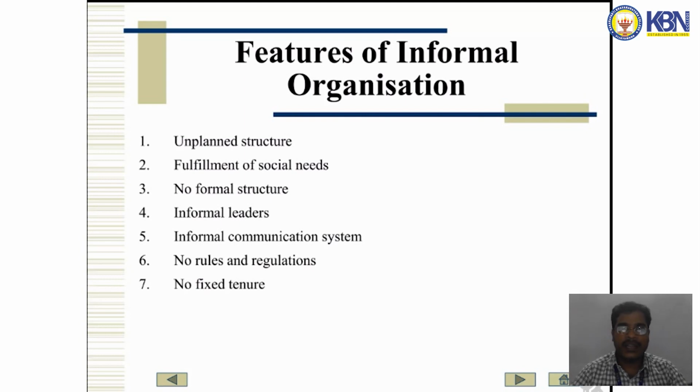So completely informal leaders will be there in this informal organization, and we cannot observe a proper communication system here. But in formal organization we will have a proper communication system, which would be very good from a formal point of view. But in informal organization there is no planned, systematized, or synchronized communication system.